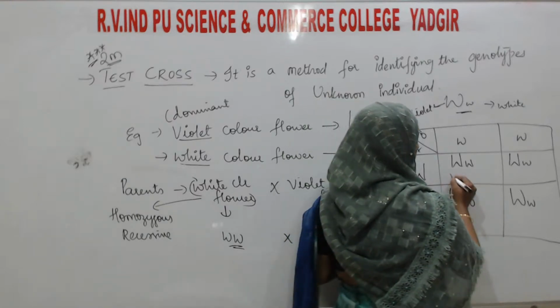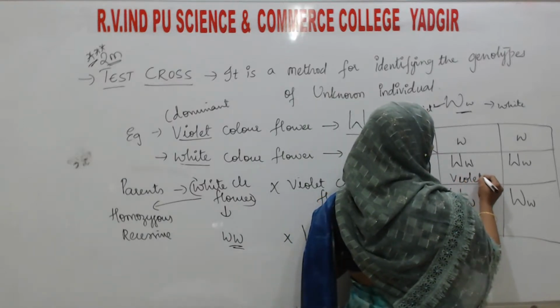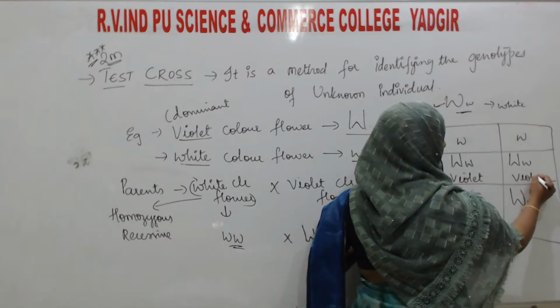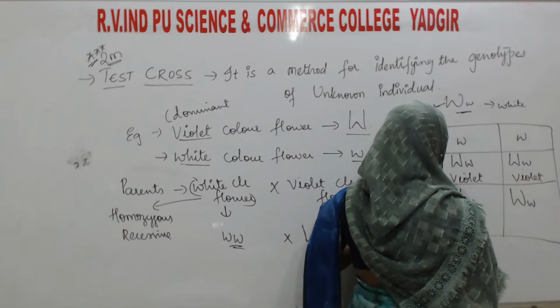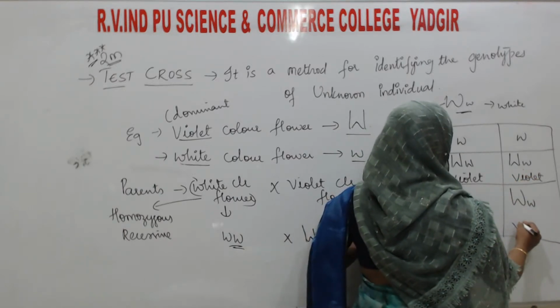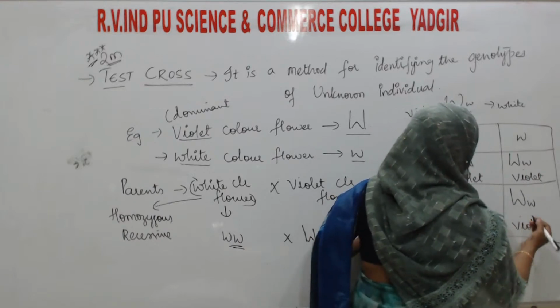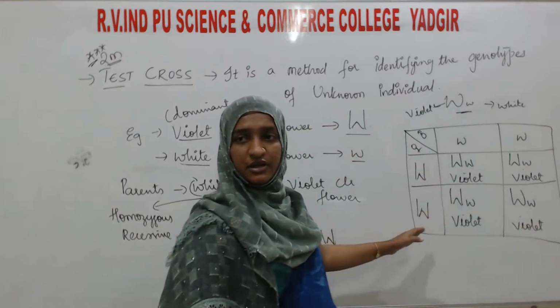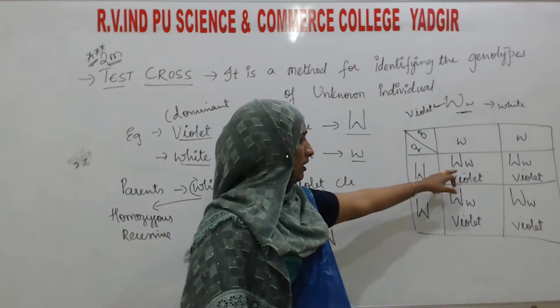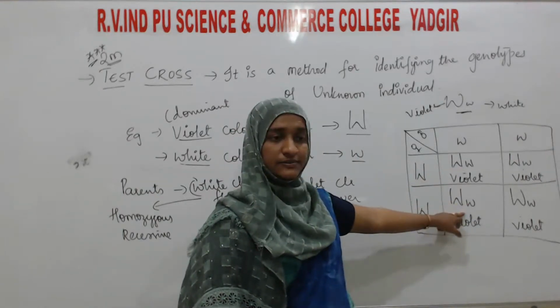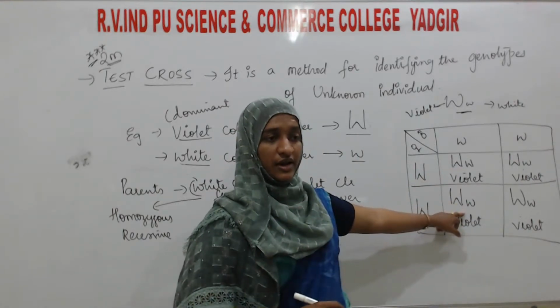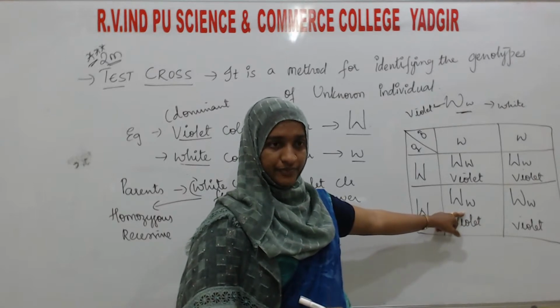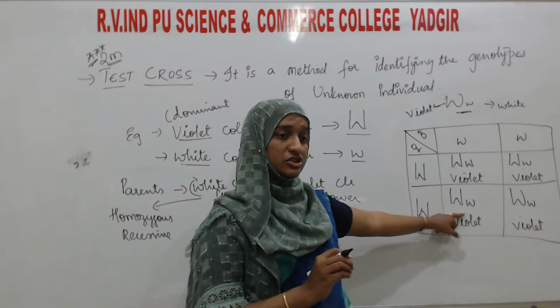All are violet. All are dominant gene, one dominant genotype. What is the dominant genotype?